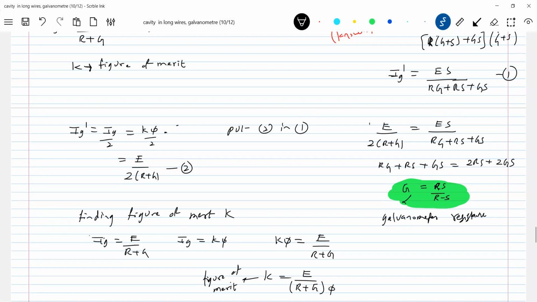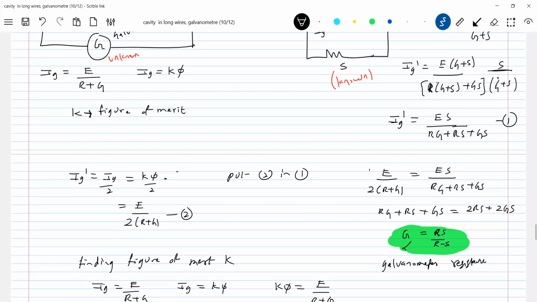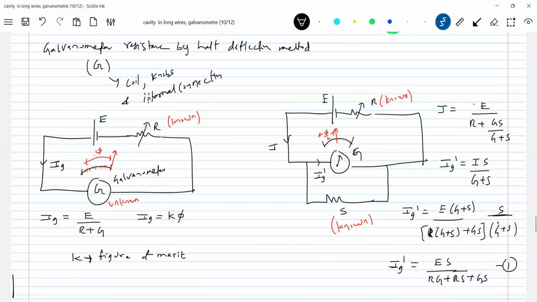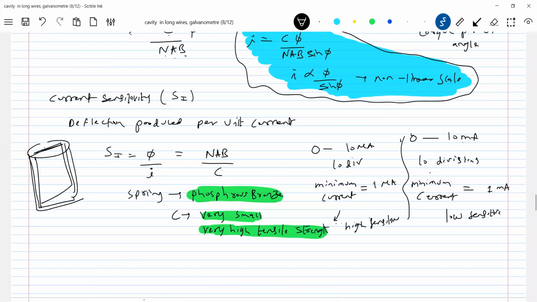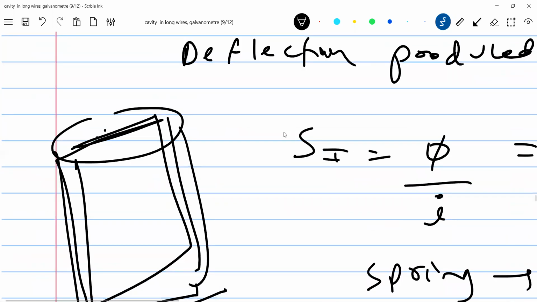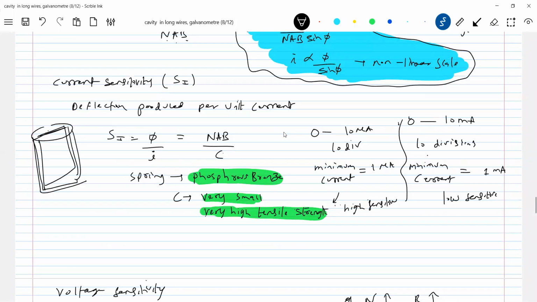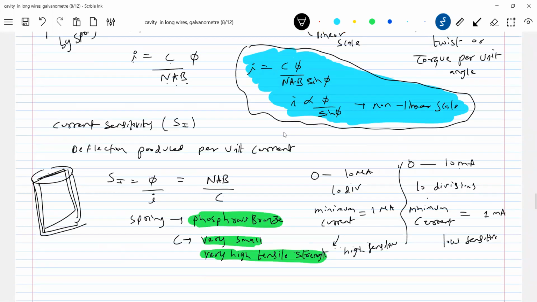What is the use of figure of merit again? What should this figure of merit be equal to? You have to go back to this entire figure of merit, which you can write as C by NAB, no?